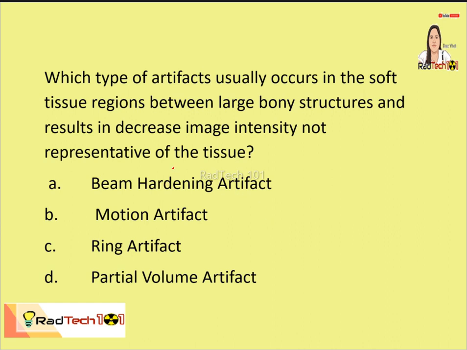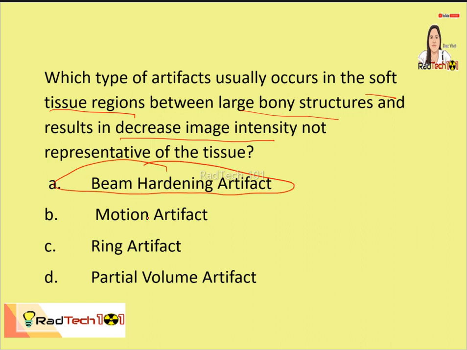Next, which type of artifact usually occurs in the soft tissue regions between large bony structures and also results in decreased image intensity that does not represent the tissue. So, this is the beam hardening artifact. So, again, sometimes it is also called beam cupping.